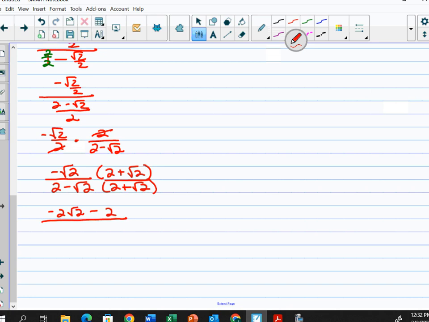And then at the denominator, you're left with 4 minus 2, which is really just 2. Do you guys see how everything has a coefficient of 2 here? That's when you can actually cancel out the 2's. Every single thing has a coefficient of 2. So one potential answer is negative root 2 minus 1.